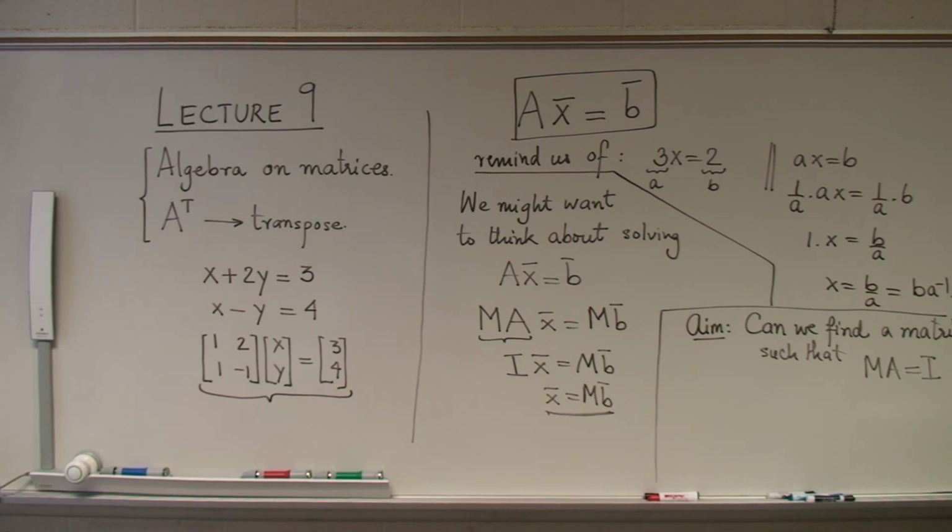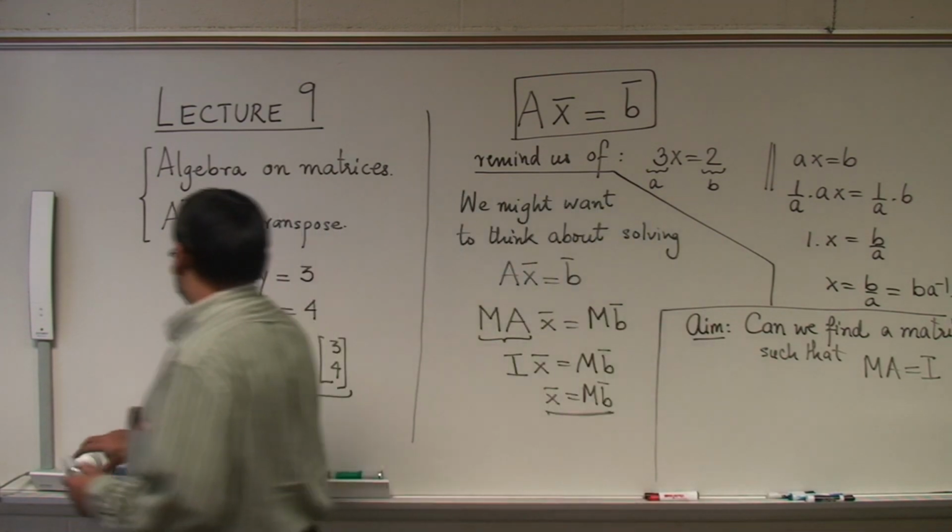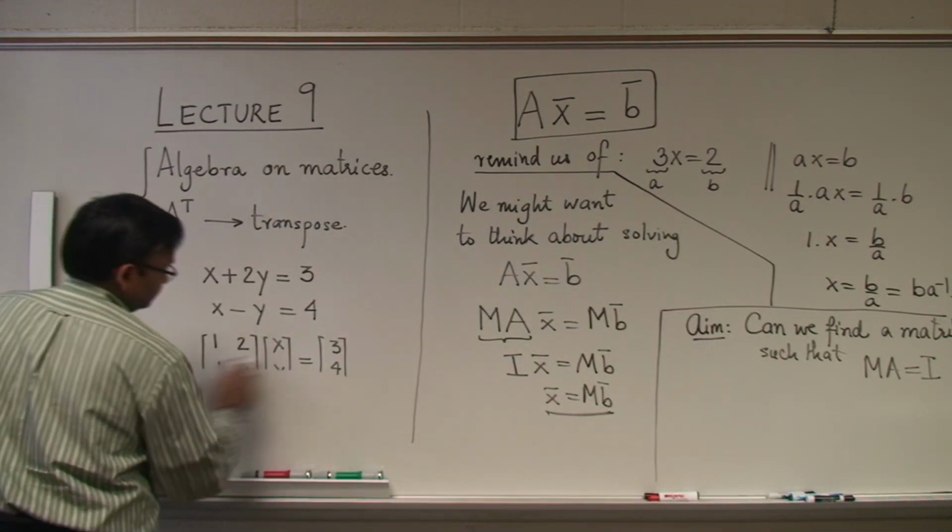So when I want M times A to be identity, is it necessary that A times M also be identity, or is it something that may or may not be there? So we have to come up with a proper definition of what an inverse would be, and then we will see under what circumstances an inverse can exist for a matrix.